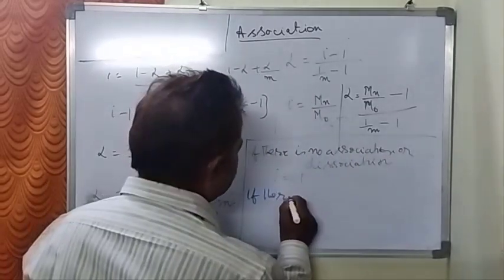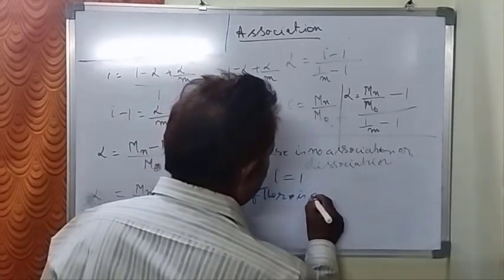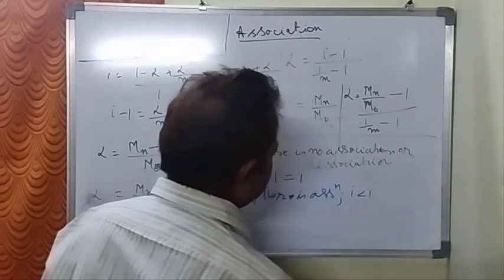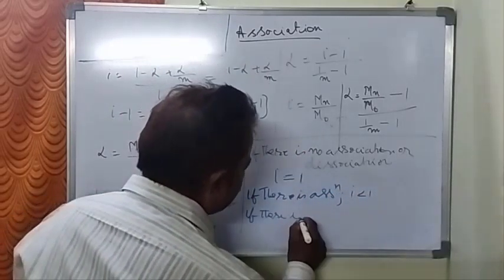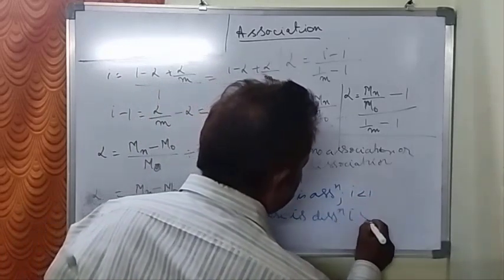If there is association, i is less than 1. If there is dissociation, i is greater than 1.